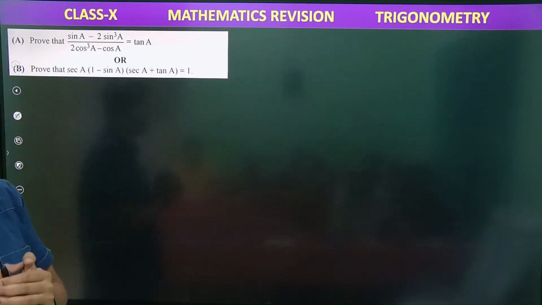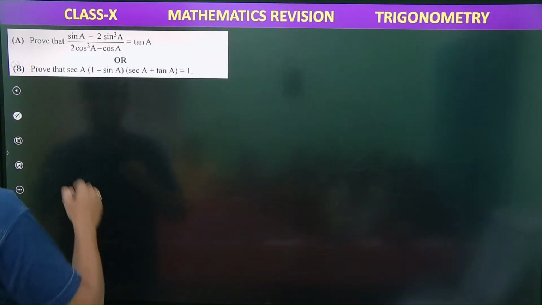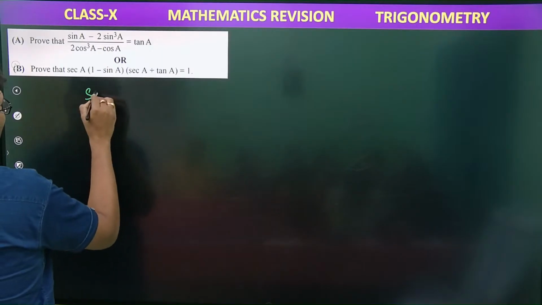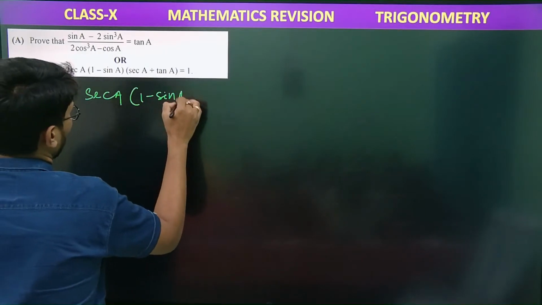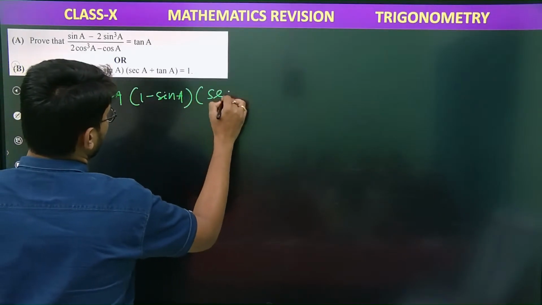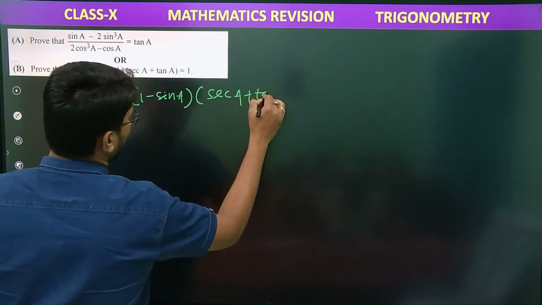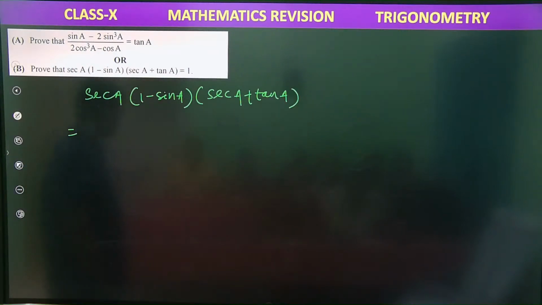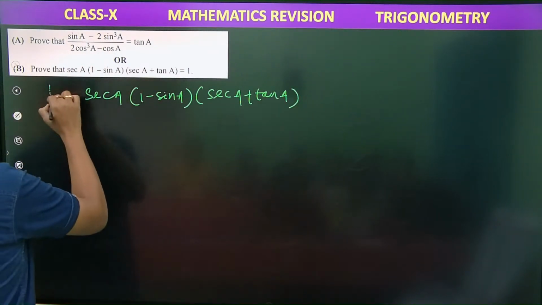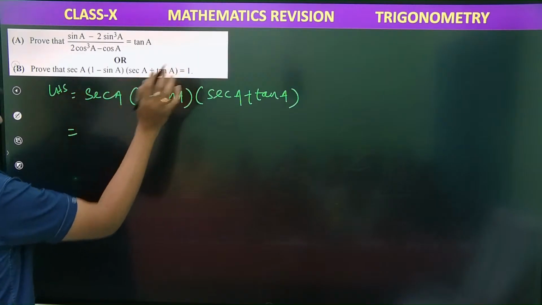So let me solve the second one. Look here. How will I solve the second one? Sec A into 1 minus sin A over sec A plus tan A. This is the LHS, and we will show the RHS is 1.